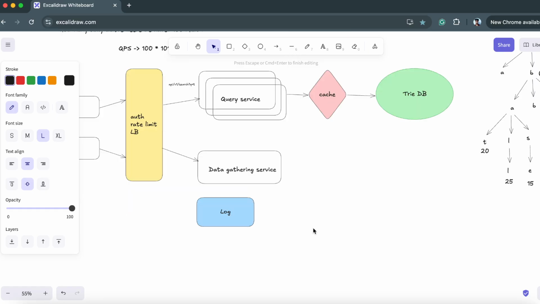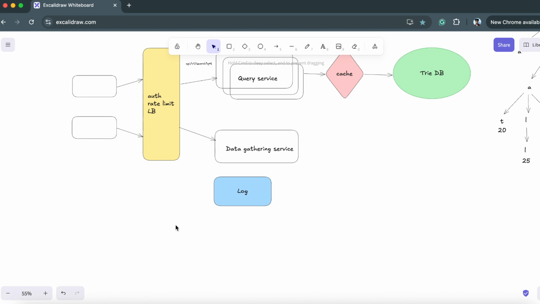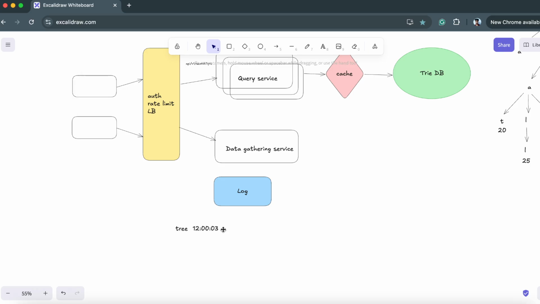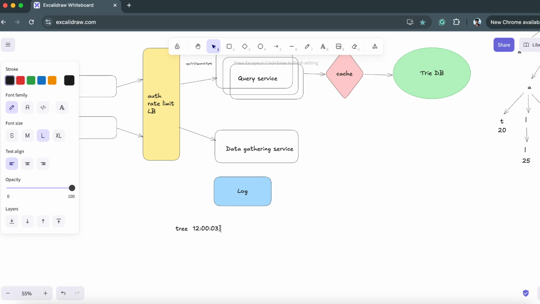Let us suppose this log entry is at 12 o'clock: tree is something the user searched at 12, and the frequency of this particular word at that time is, let us suppose, 100 times. This way we will keep on logging the information.